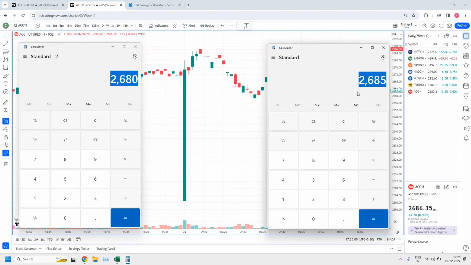It is a small difference, not huge. Between futures and equity, the final profit margins will not differ by more than 0.5%, even less than that. 0.5 is also an extreme level; you will say minor.